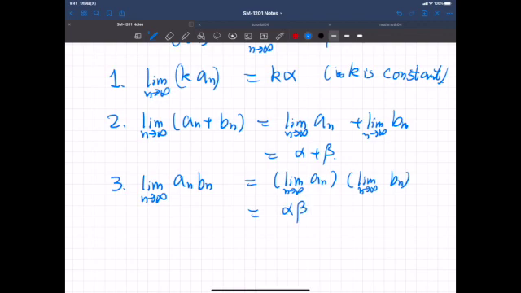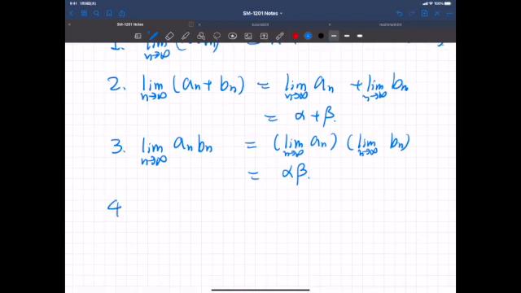That is alpha beta. And fourth, the ratio of limits: the limit of the ratio is the ratio of limits.